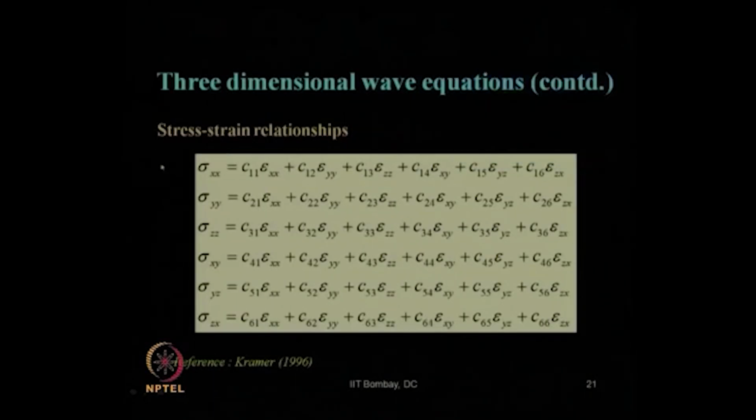So, now how can we use the stress strain relationship for this 3-dimensional wave equation? The normal stress in x direction, sigma x x, can be represented through strain through some modulus. So, C11 epsilon x x plus some modulus C12 epsilon y y plus C13 epsilon z z plus C14 epsilon x y.